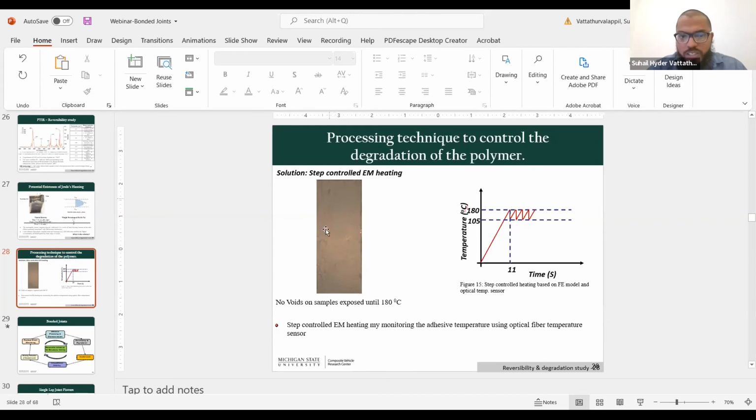So you totally remove the effect of degradation within the polymer. If you go with step-controlled heating between 105 and 180, then you can purely get the inherent, or initial, behavior of the bonded joint, even if you heat it and cool it. But that paper is still not published. We are still working on it.